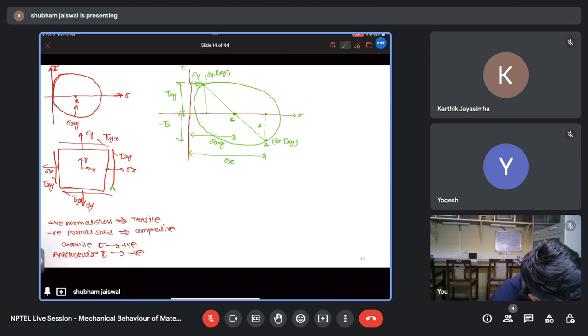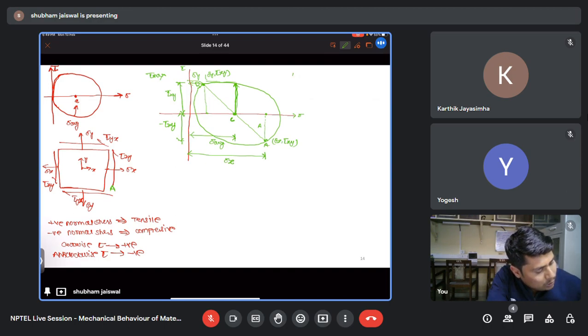and this is minus tau xy. So here you can see the maximum shear stress we are getting at this location. So this is tau max and the tau max is equal to the radius of the circle. You can see easily. Am I correct? The tau max is nothing but the radius of the circle.